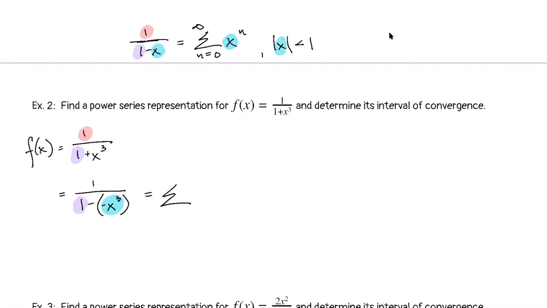So I write the sum from n equals 0 to infinity of negative x cubed to the power of n. All I've done is substitute, and I also substitute here: negative x cubed is still less than 1.